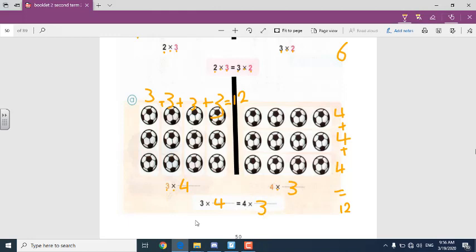Like the addition, 3 plus 4 the same as 4 plus 3. Okay, and it will be a 7. Okay, now page 51, 49, 48 and 47 you can solve it by yourself.